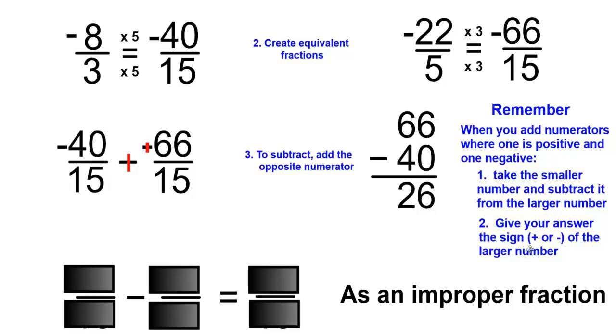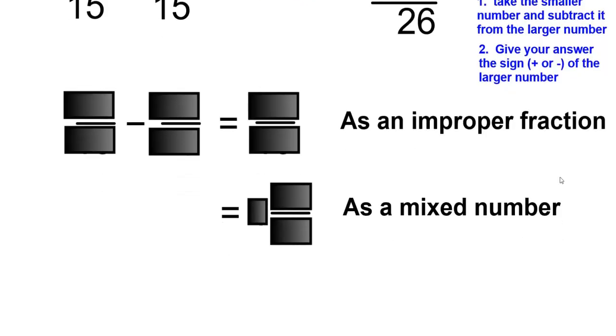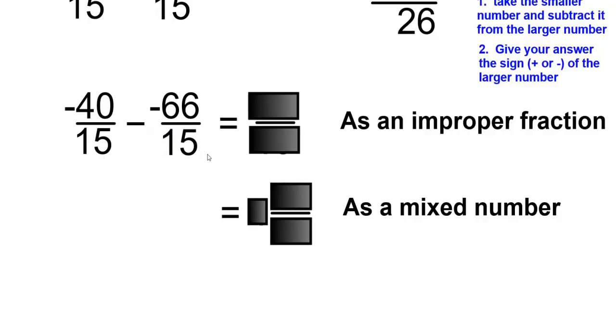Give your answer the sign, positive or negative, of the larger number. The larger number is 66, and 66 was positive, so our answer will be +26. So -40/15 minus -66/15 will equal 26/15.